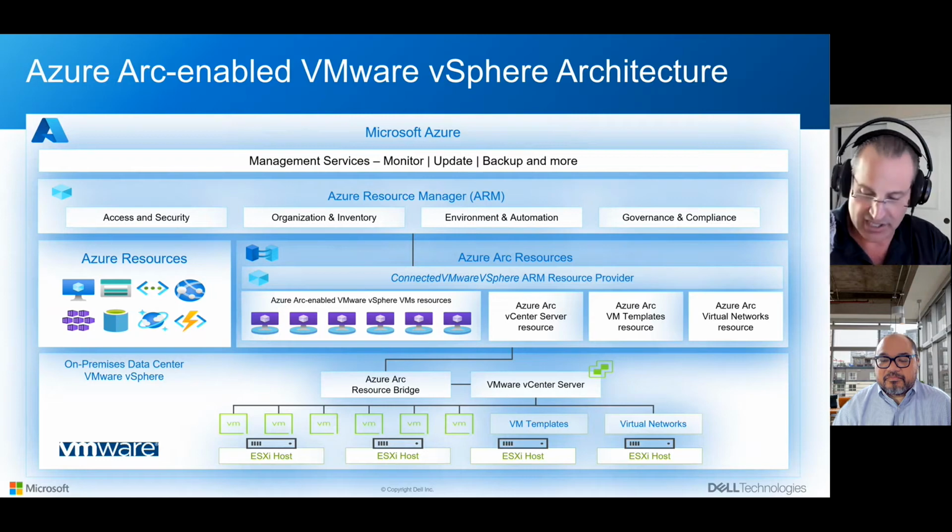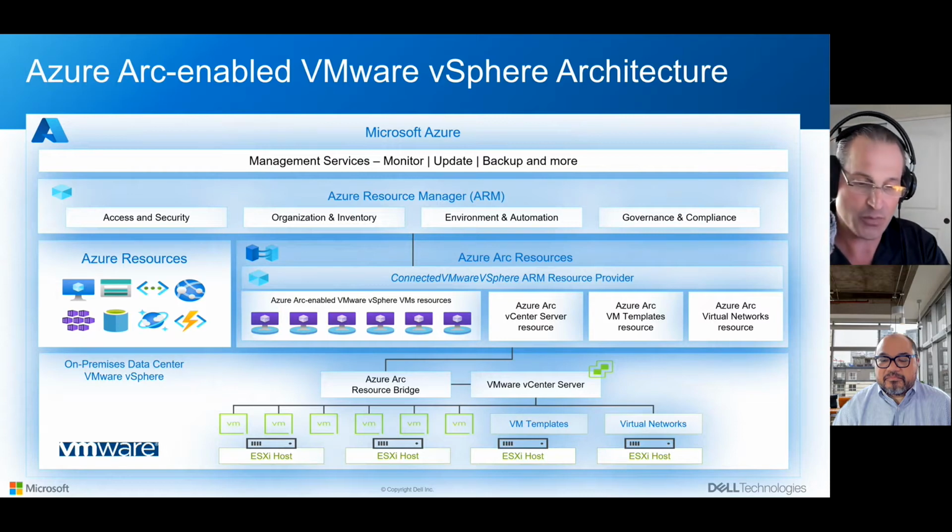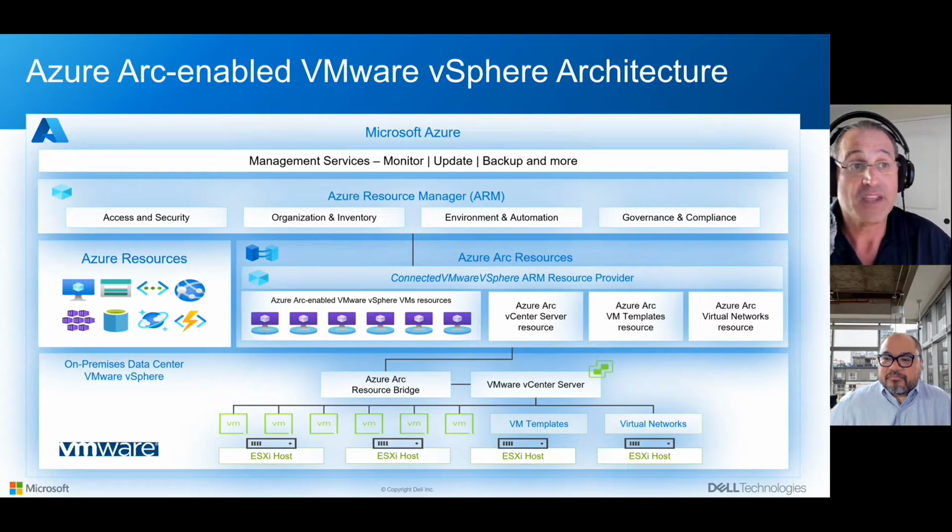What you have is telemetry, billing, and of course, you'll see what you can light up functionality-wise with regard to network, disk, machines, et cetera, that are Arc-enabled, yes or no. I'll show you, it's super easy to do. But that is the glue in the middle that's deployed to your vCenter environment. That's how that works.